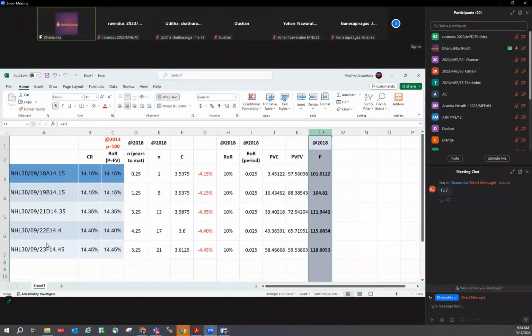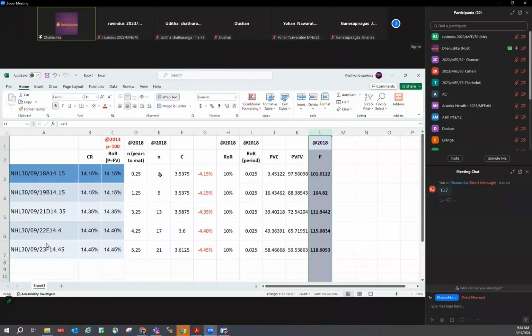They increase. When there is a quarter of a year to go, from 100 rupees, price has increased to 101 rupees. It has increased by 1%. But when there is 5 years to go, from 100 rupees, price has increased to 118. It has increased by 18%.